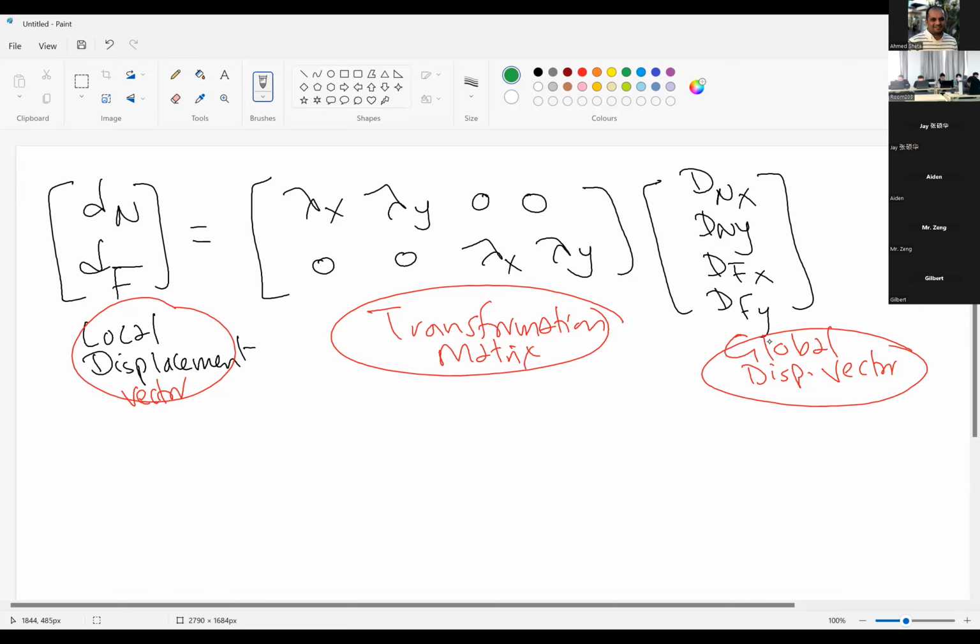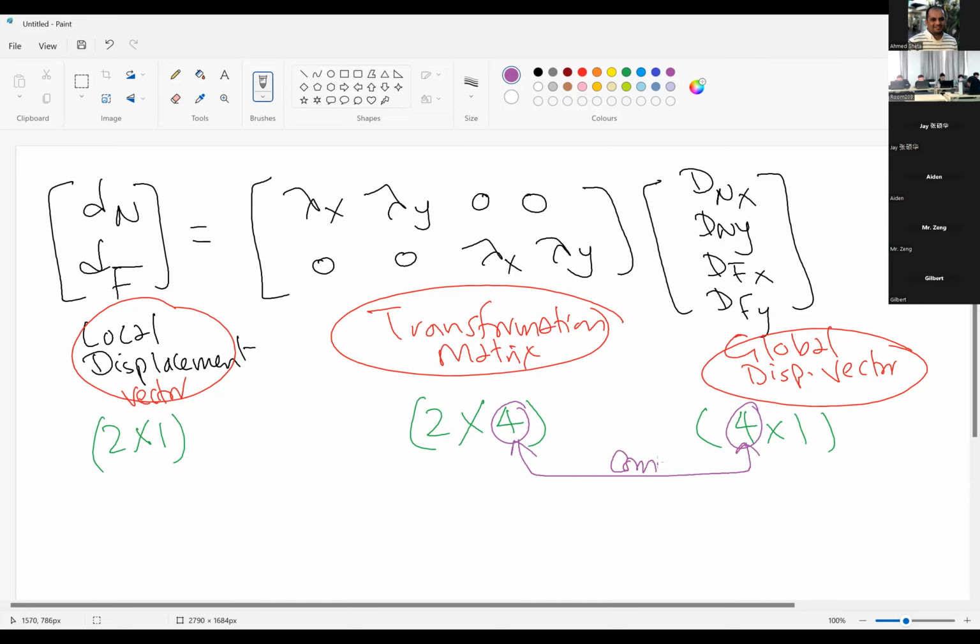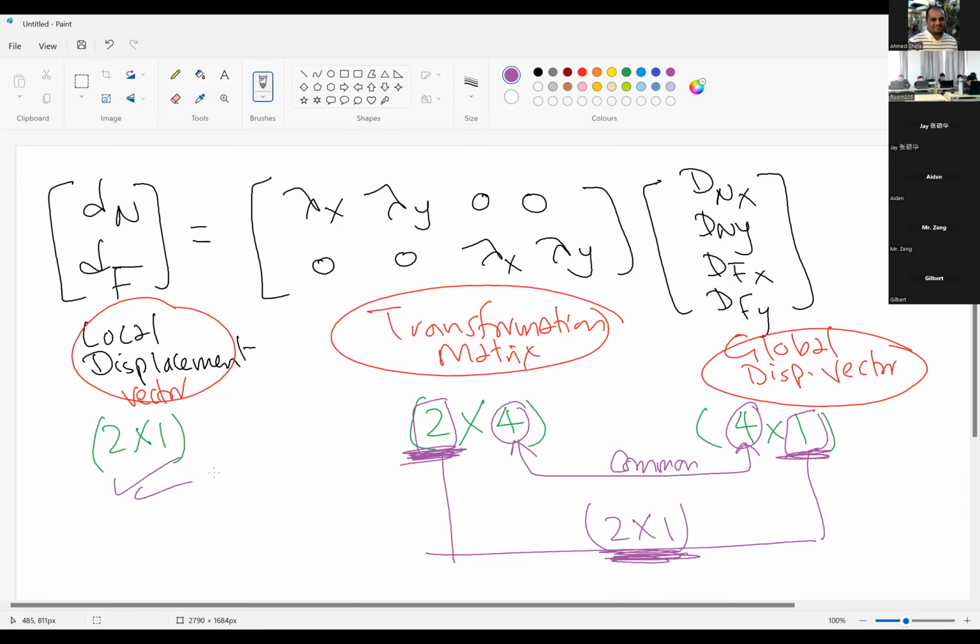As you can see, this one is a 2 by 1 vector, and this is 2 by 4 times 4 by 1. Because this is the multiplication of matrices, you should have this in mind all the time. The 4 is the common dimension between these two matrices, and the result should be 2 by 1, because we have 2 rows and 1 column.